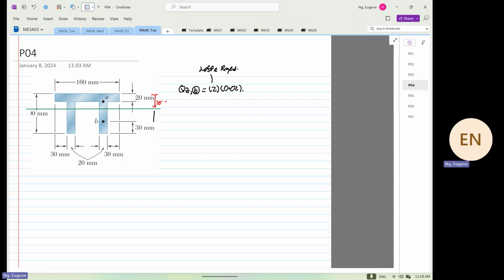The depth, the distance from here, is 0.03. And then the Y bar, because we know that this is 65, the whole thing is 100, and this is 30 divided by 2. So it's equal to 0.065 minus 0.03 divided by 2, which is equal to 60 times 10 to the power minus 6 meter to the power of 4.